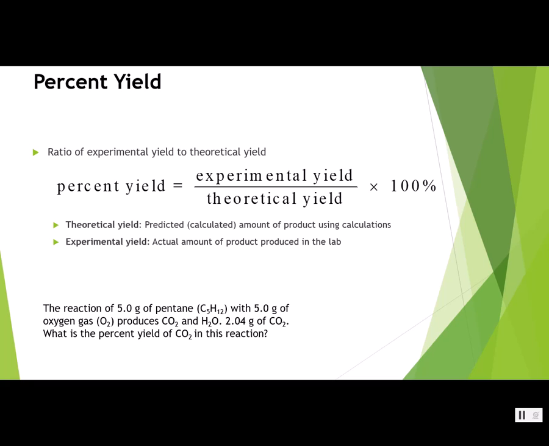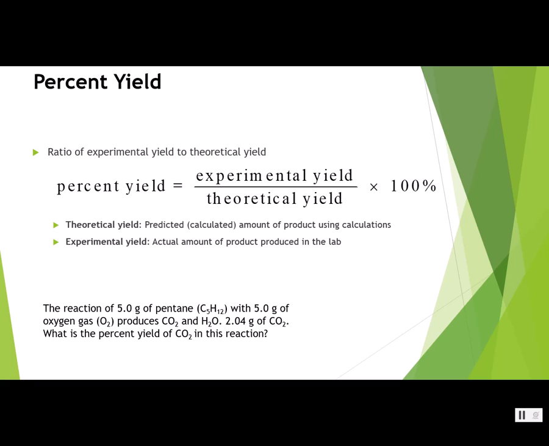So let's do a practice problem. It's worded here, and then we'll go to the next slide to work it. I like this problem because I think it does a good job of summarizing a lot of concepts, not just from Chapter 3, but Chapter 2 as well, because you need to know how to write balanced chemical equations. In this statement, I say I have 5 grams of pentane, and I don't expect you to know the formula for pentane, but it's C5H12.